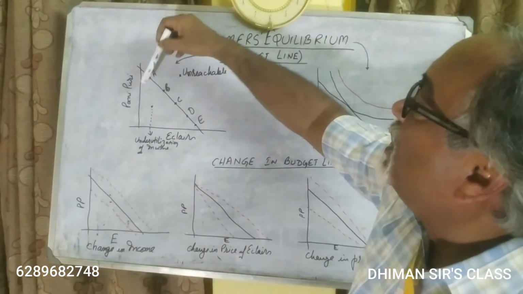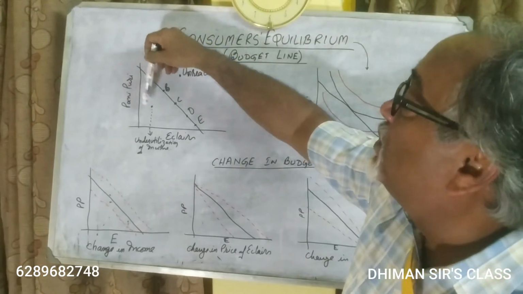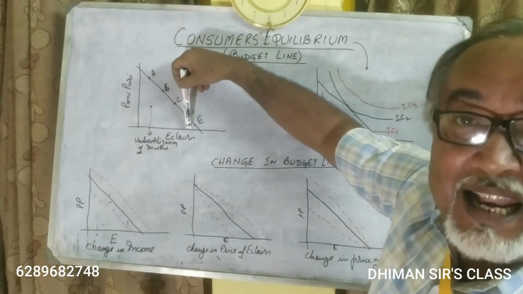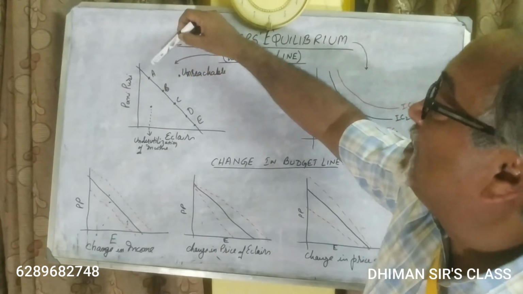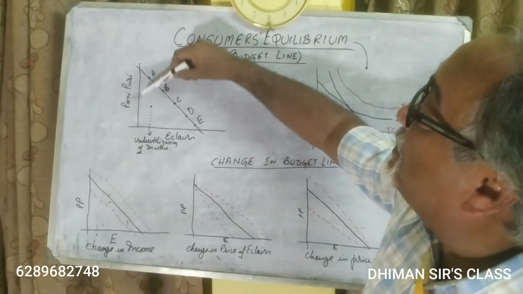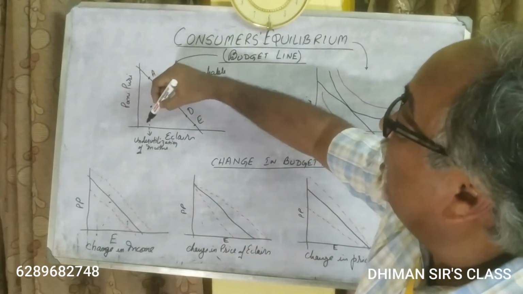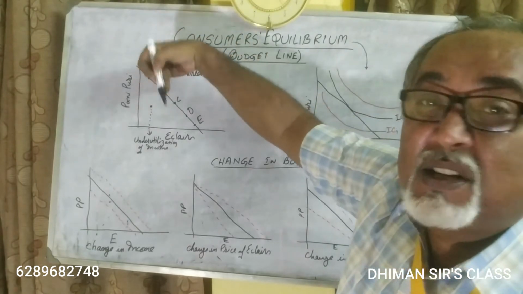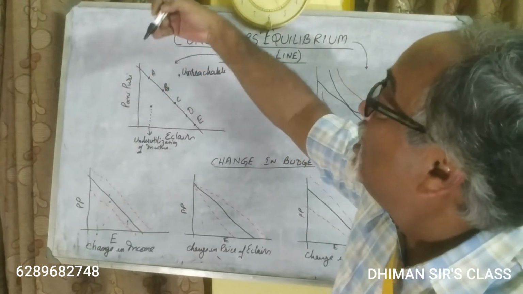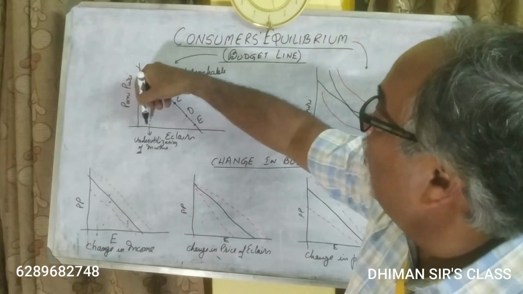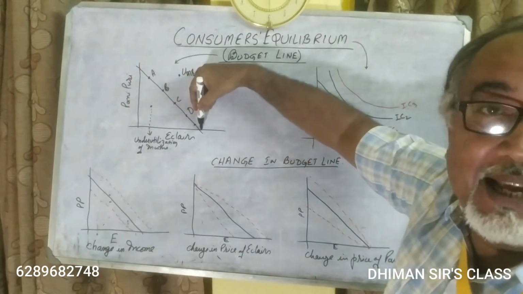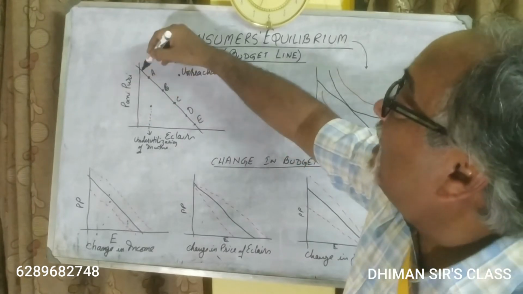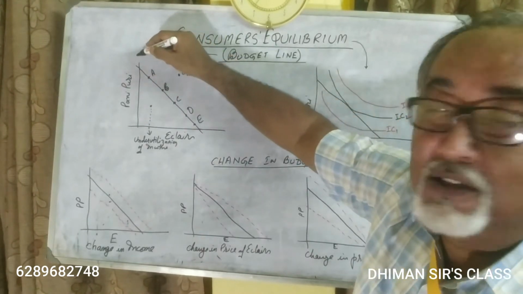Suppose I have two products: one is pani puri and the other is eclairs. If my income is fully spent on pani puri and zero eclairs, I will be here. Or instead, I will not consume pani puri and will go for eclairs, that would be here. Fully eclairs, zero pani puri. These are the two extreme options.